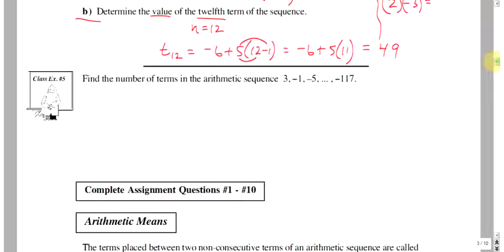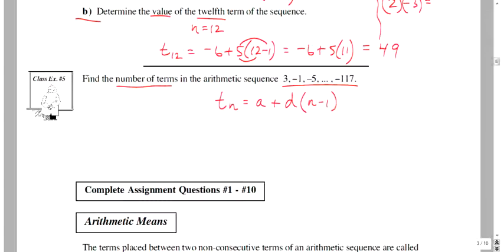Last one, and you got some to practice on your own. Find the number of terms in this sequence. What are we trying to find here? Here's my formula. Tn is a plus, let's write d first.